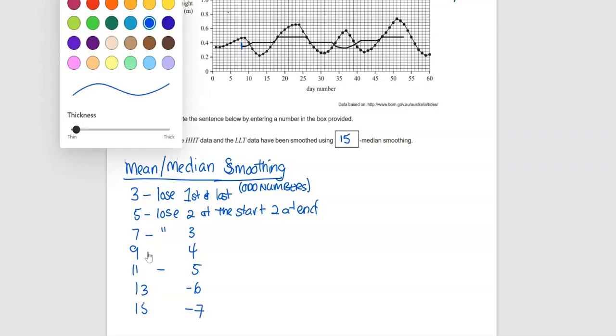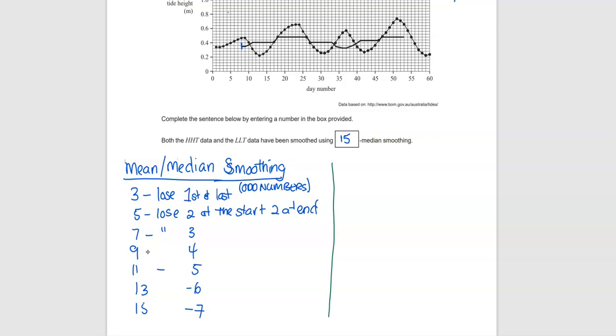I just feel like they're probably going to bring this up because it's a new sort of thing. If we're doing even number smoothing, remember it's generally with the mean, because we also need to have centering. They'll say there's centering with it.